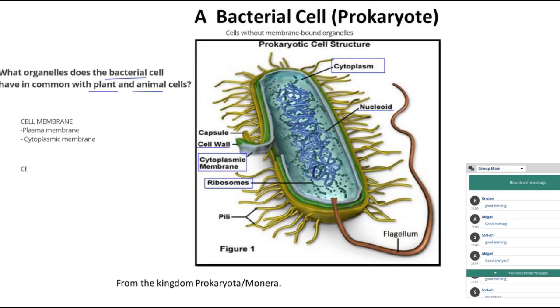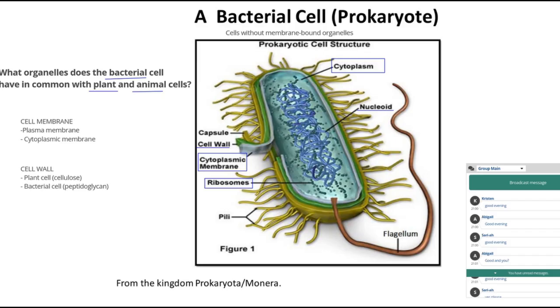So in terms of the cell wall, we have a cellulose cell wall in the plant cell. In the bacterial cell, it is made up of peptidoglycan, or sometimes you may see a word named murein, but I think this is a more common term.